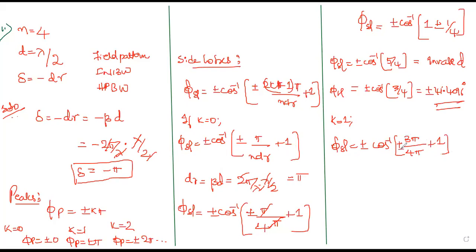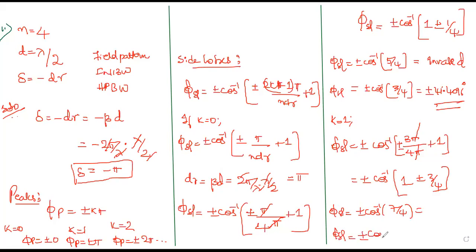This will be plus or minus cos inverse of, pi and pi get cancelled, you have 1 plus or minus 3 by 4. Again, 1 plus 3 by 4 will give you phi SL is equal to plus or minus cos inverse of 7 by 4. Similarly, the other value, 1 minus 3 by 4, will give you 4 minus 3, I think it is 1 by 4.